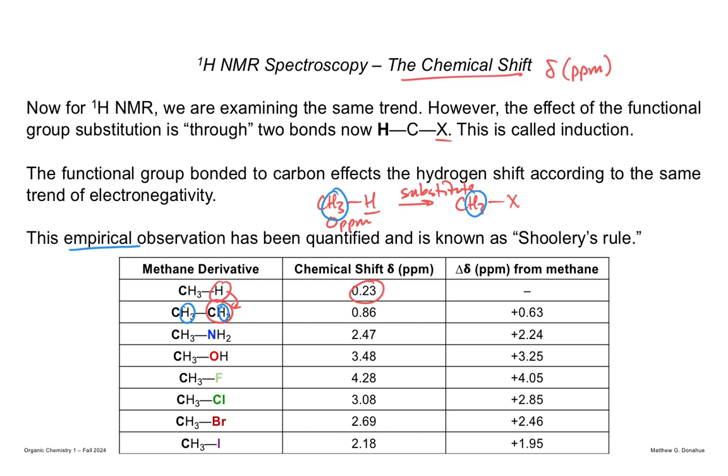That's going to add this number here, 0.63, to the 0.23, and so you'll see those signals at 0.86. For the heteroatom series, we're increasing electronegativity. You can see that it's now going to push it 2 or more parts per million past the normal methane chemical shift.